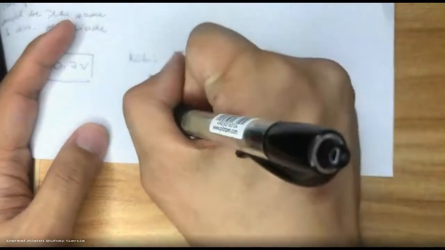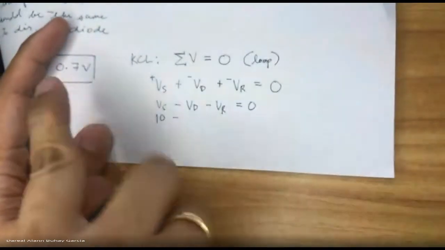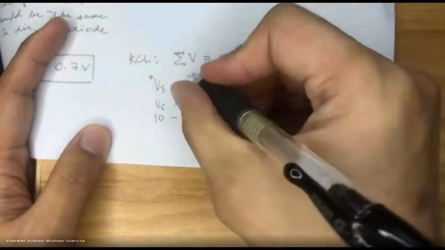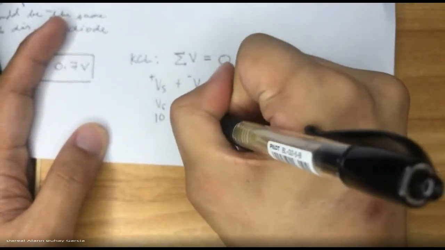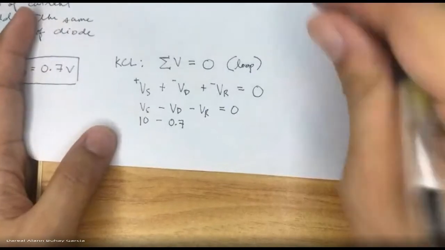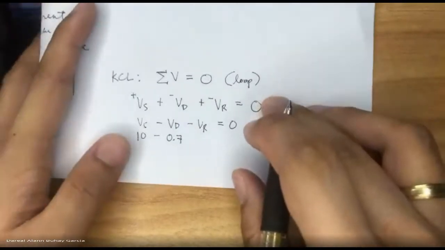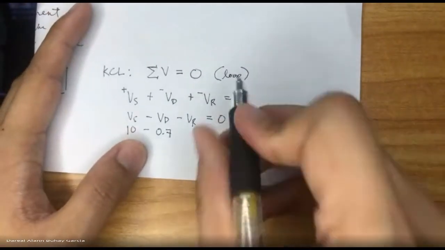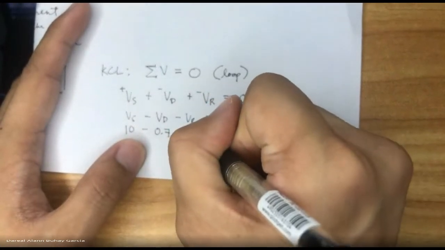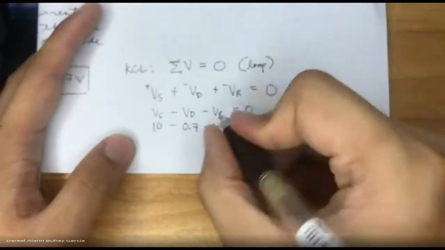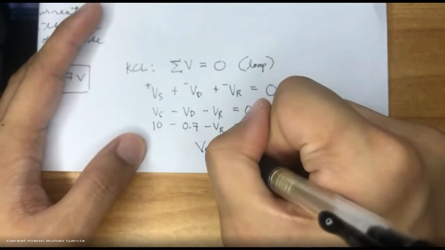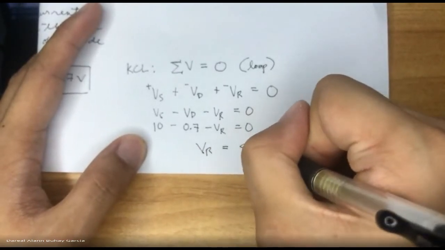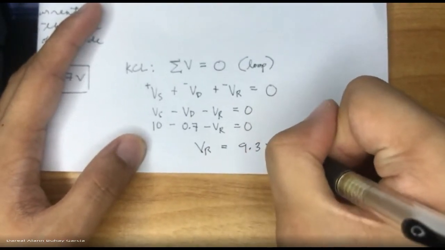Vs is 10, Vd is 0.7, minus Vr, which is unknown. Therefore, Vr is, yes, correct, itong answer earlier, 9.3 volts.